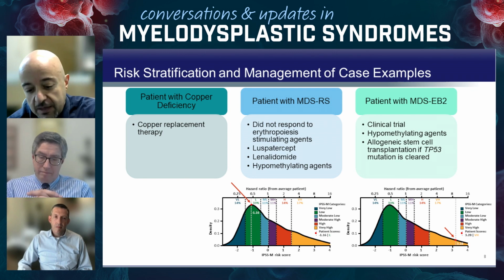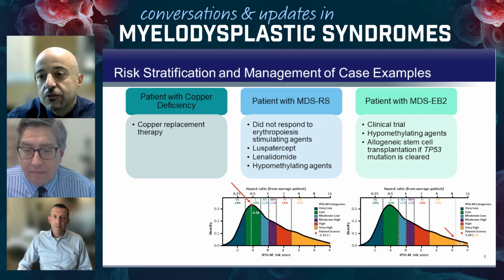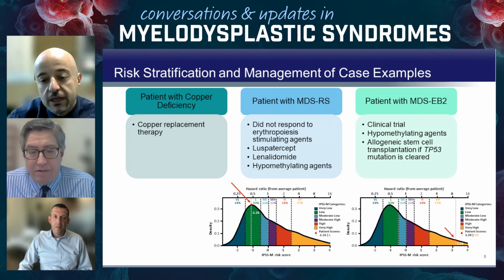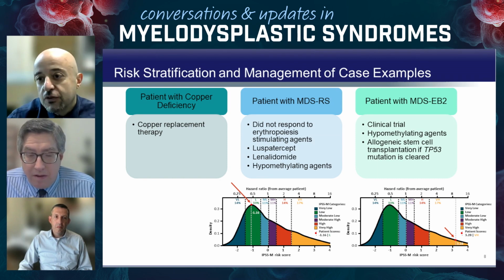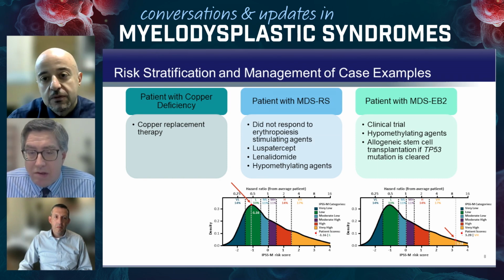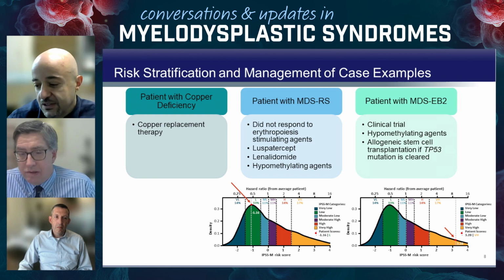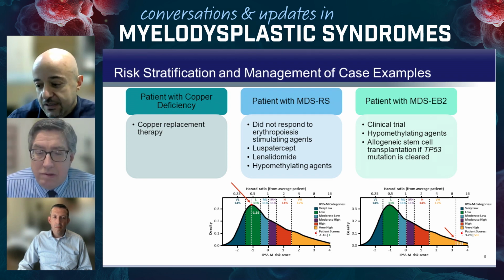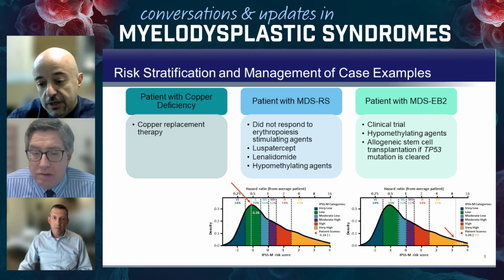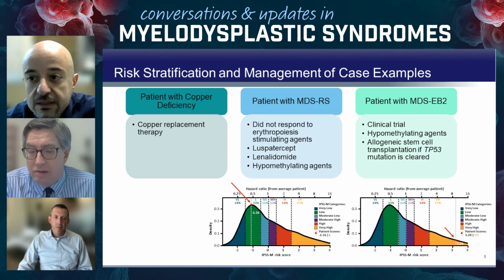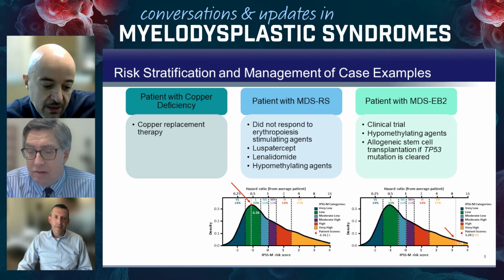So this comes timely, I think, as we've been dealing or working with newer classifications for MDS. So this year we heard about the new WHO classification and the ICC classification, and also new prognostic models that incorporate molecular data.